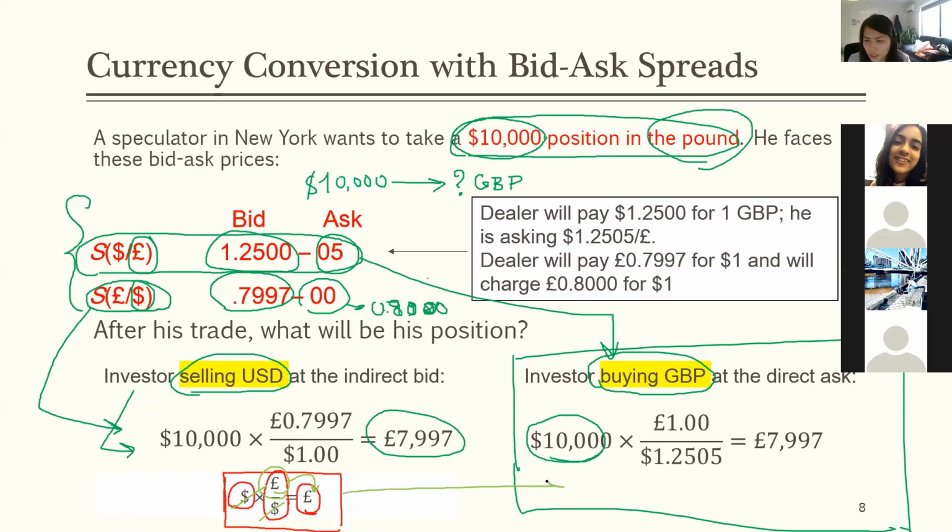If you look at the calculation on the right hand side, it will be similar to the calculation that we did on the left hand side. The only difference is that here I'm taking the reciprocal of the dollar over pound exchange rate. If you take the reciprocal of the dollar over pound exchange rate, you're going to end up with the pound over dollar exchange rate, which is the same as before.